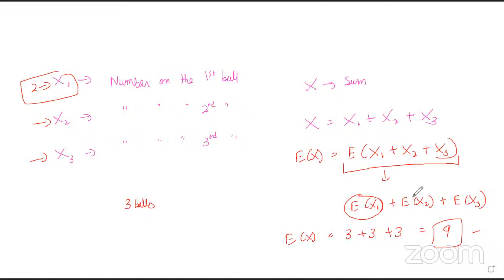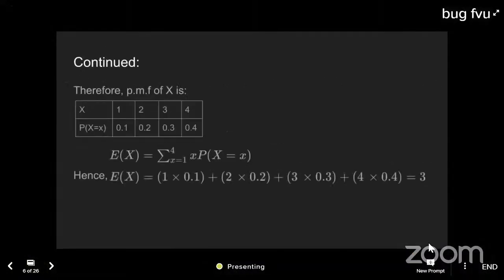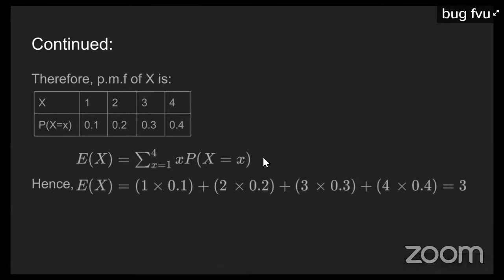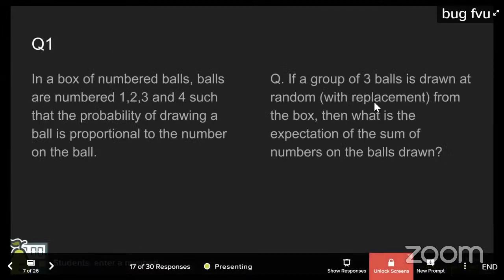How to define probabilities? Okay, so let's see. In the first question, you have this PMF, right? This table. For the first draw, you know that the probability of drawing the ball numbered 1 is 0.1. For 2, it's 0.2. For 3 and 4, it's 0.3 and 0.4 respectively, right? Once I draw the ball, I note the number and put it back in the box, because we are drawing the balls with replacement, right?